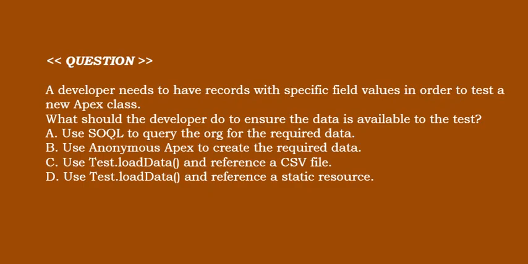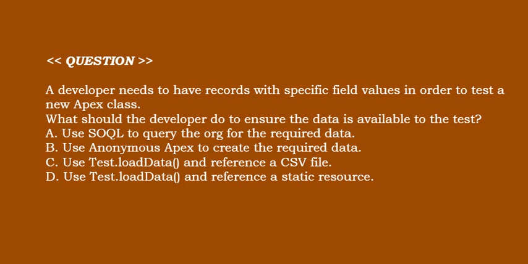Next question is a developer needs to have records with specific field values in order to test a new Apex class. What should the developer do to ensure the data is available to the test? Option A. Use SOQL to query the org for the required data.